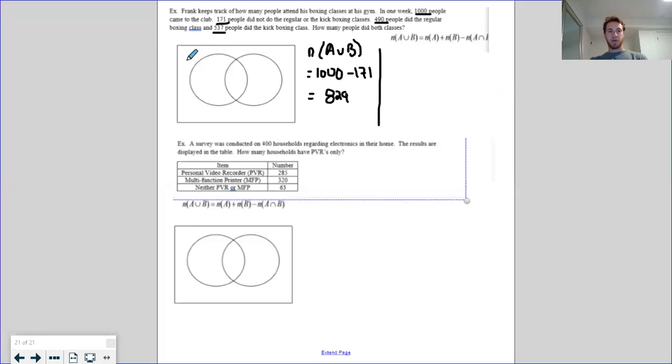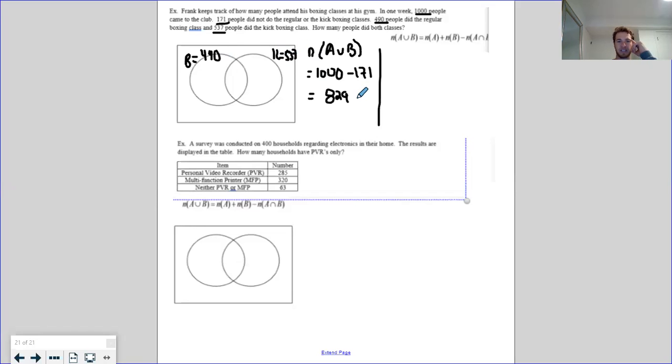Okay, so this type of question, we got answers all over the place. So let me deal with this one. This type of question is a bit challenging, but let's call this boxing, and there are 490. And let's call this K, which is 537.